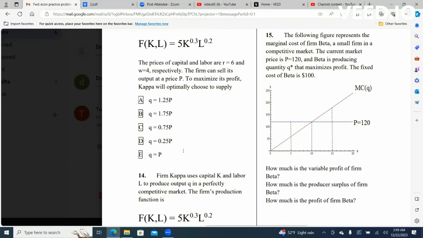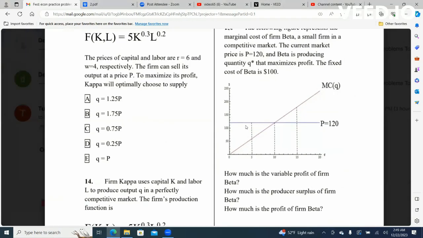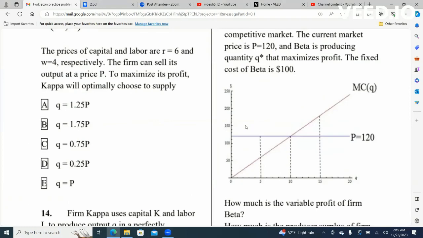So we have the graph there. We have the price, which is 120, and we have the marginal cost. Let's see if we can enlarge it. It's kind of hard to fit all of it in there.